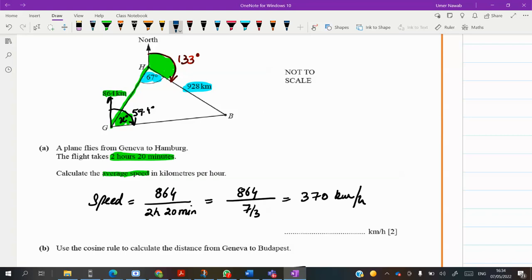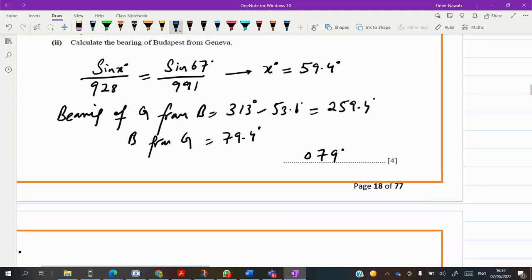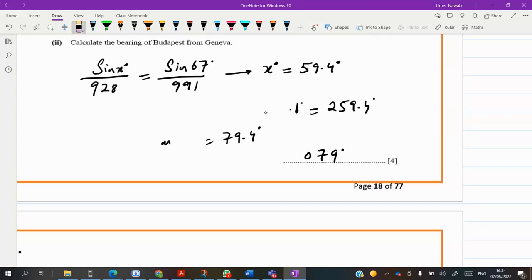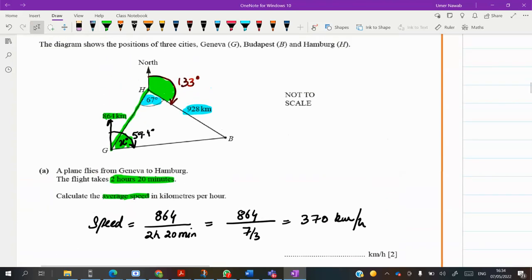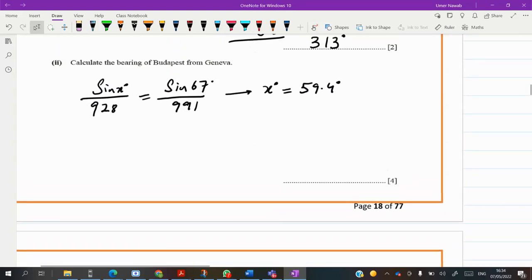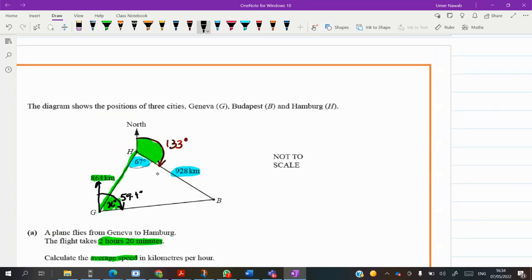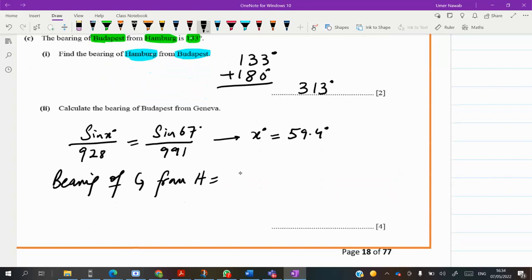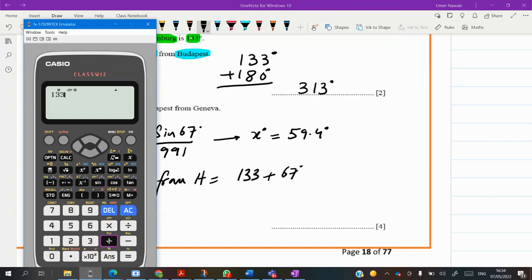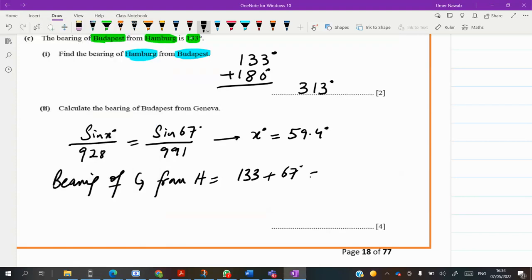Look, the bearing of H from G, we need to add both angles, 133 plus 67, which is 200 degrees.